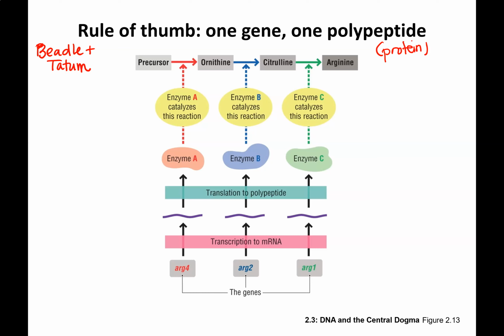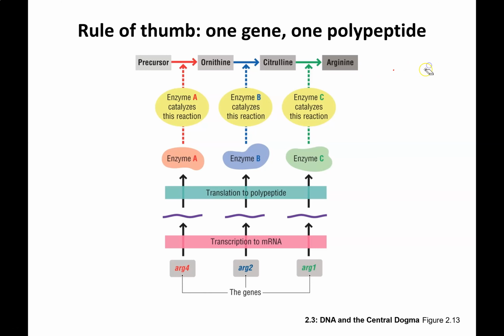They were looking at a particular variant of fungus that could not produce a particular amino acid called arginine. They wanted to know what was involved in this whole pathway of producing arginine. We can get amino acids from our diet, but our bodies can also synthesize them. So they wanted to find out how this amino acid was actually produced. And along the way, they came up with this one gene, one protein, or one polypeptide idea.